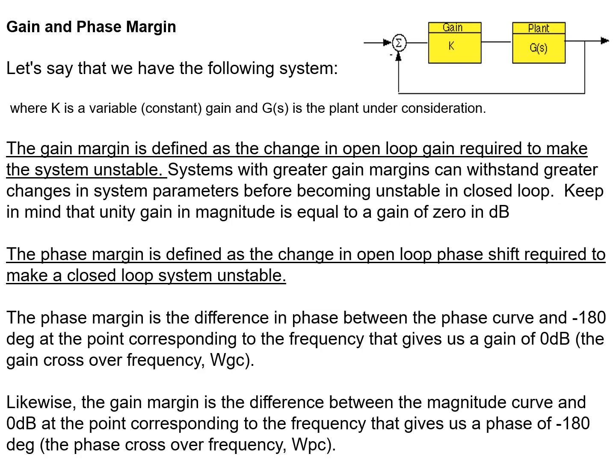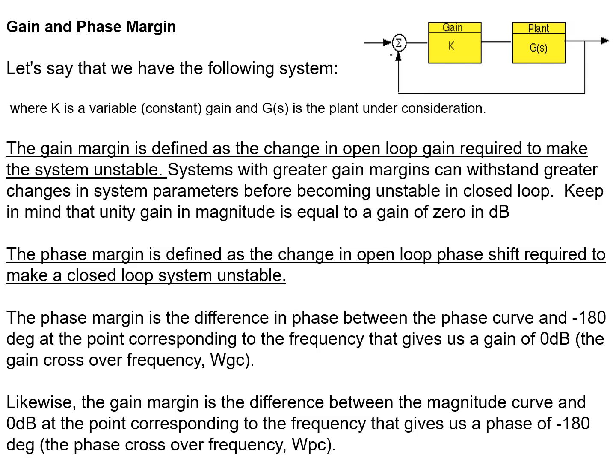Here the crossover, and again gain margin and phase margin. Let's say that we have the following system where K is a variable constant gain and G(s) is the plant under construction. This is the block diagram: K is the gain and then G(s) is the plant.